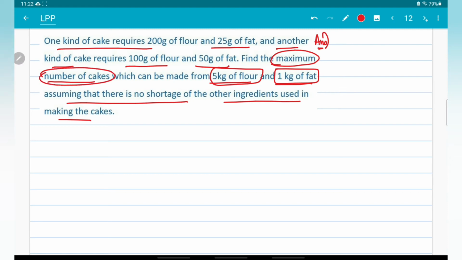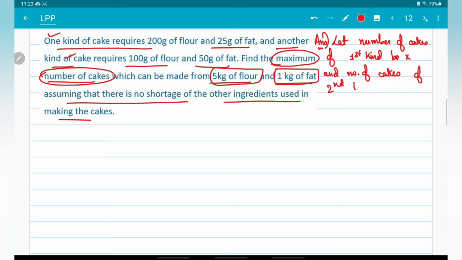What are the two different types of cakes? There is one kind of cake and another kind of cake. We will take the first kind as x and the second kind as y. Let me write the statements. Let the number of cakes of first kind be x and the number of cakes of second kind be y.